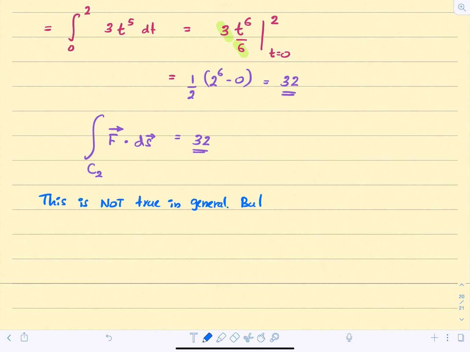When this is true, the line integral is said to be path independent.